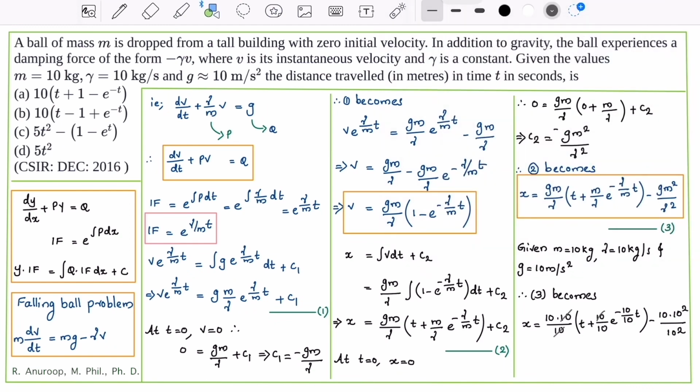Here 10 and 10 cancel. That is 10 into t plus e raised to minus t minus 1. That is, the distance traveled x is equal to 10 into t plus e raised to minus t minus 1. Hence, from the given options, option B is the right option.